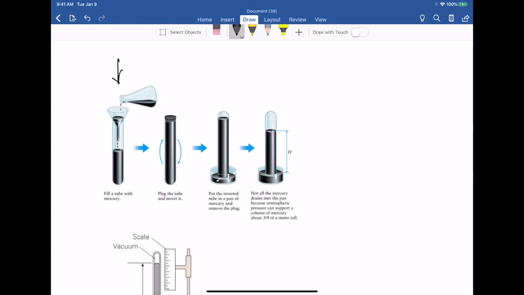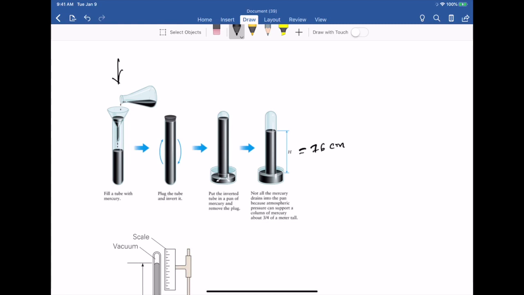So you would find that some of the mercury now begins to flow out of the tube and fill up the pan, but the mercury stops flowing once its height reaches about 3/4 of a meter, like 76 centimeters. So this height is approximately 76 centimeters.